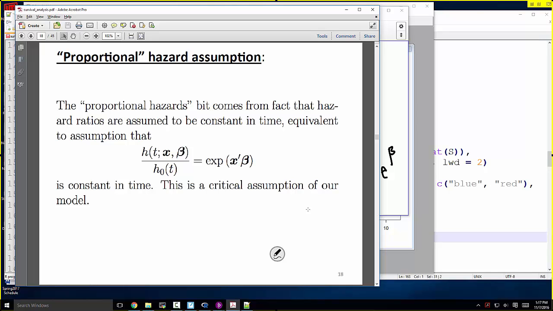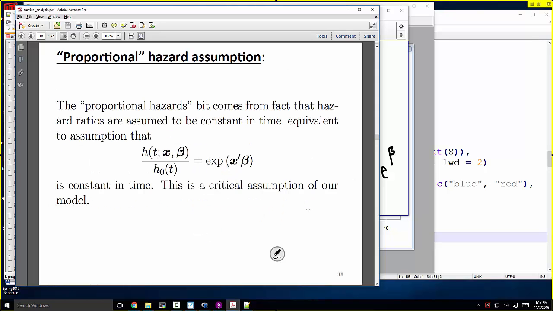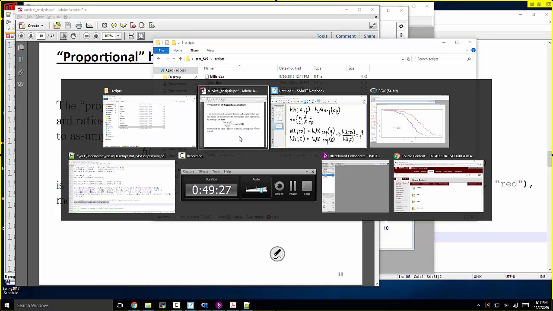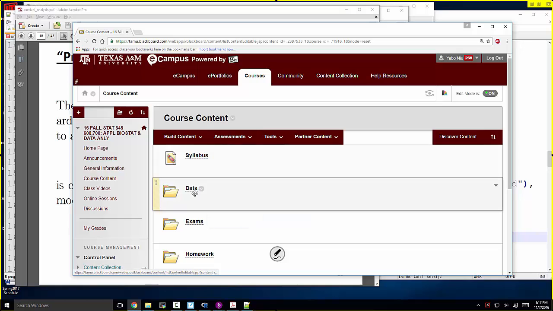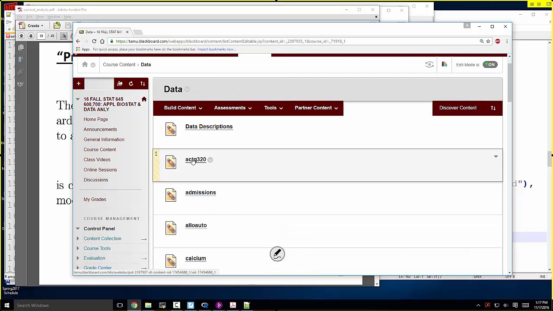All right. How about we look at an example? Let me find one. I have several survival data examples on eCampus for us. Let's try this one. ACTG320, I think, is survival data.